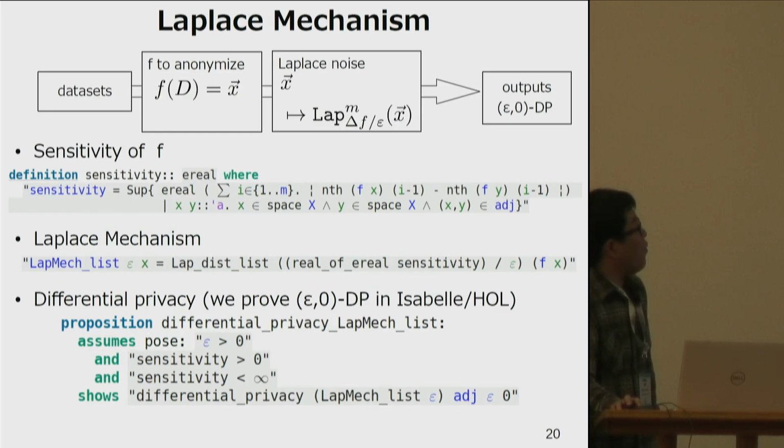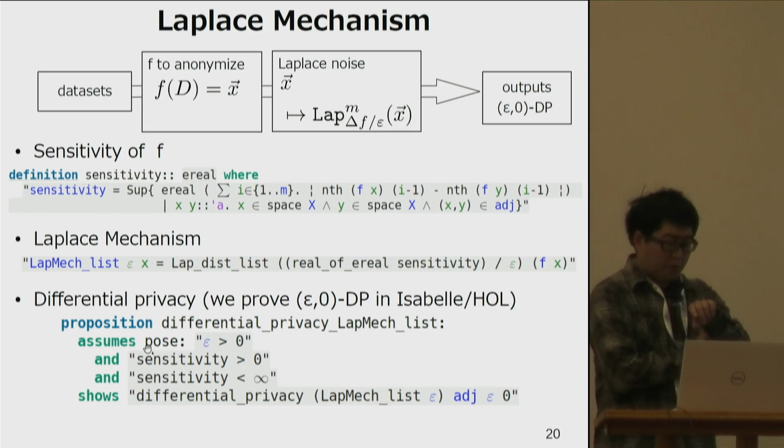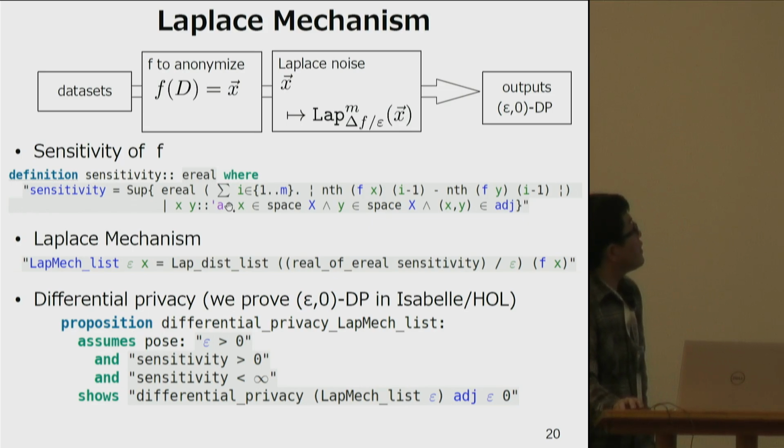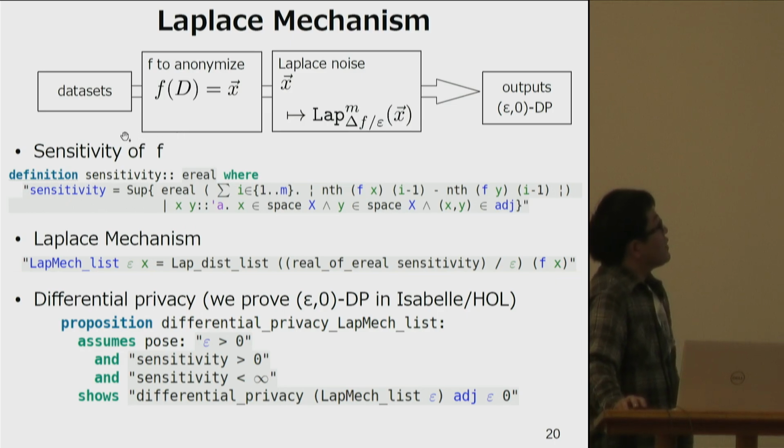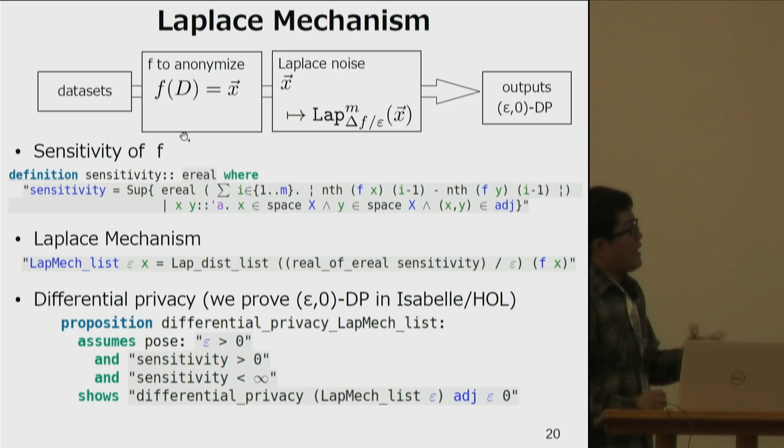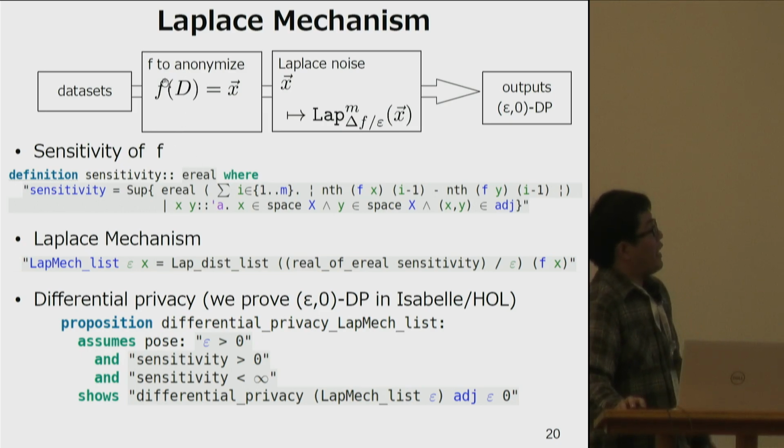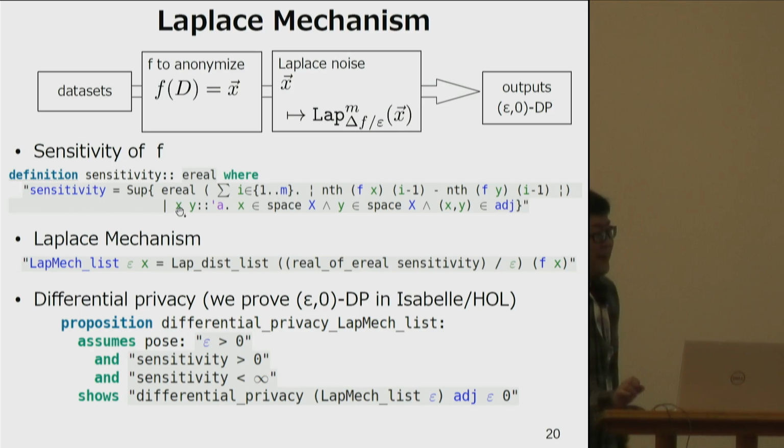Then we formalize the Laplace mechanism. To give the Laplace mechanism, we need to define the sensitivity of the function F to anonymize. The definition is rather straightforward with respect to its mathematical definition.